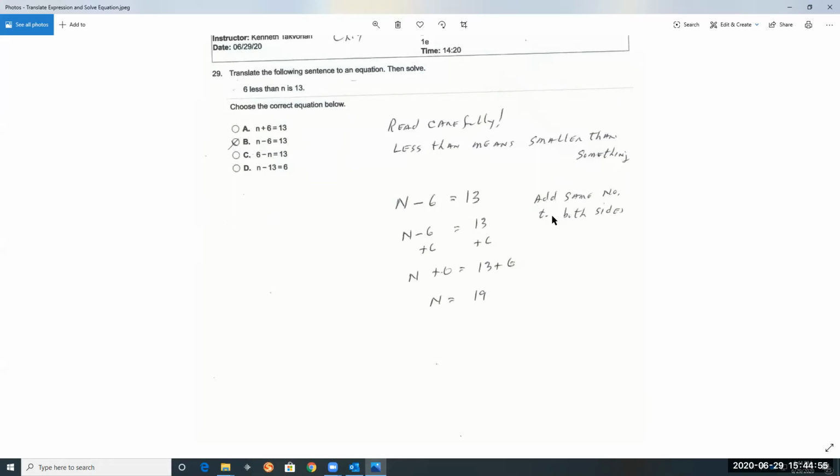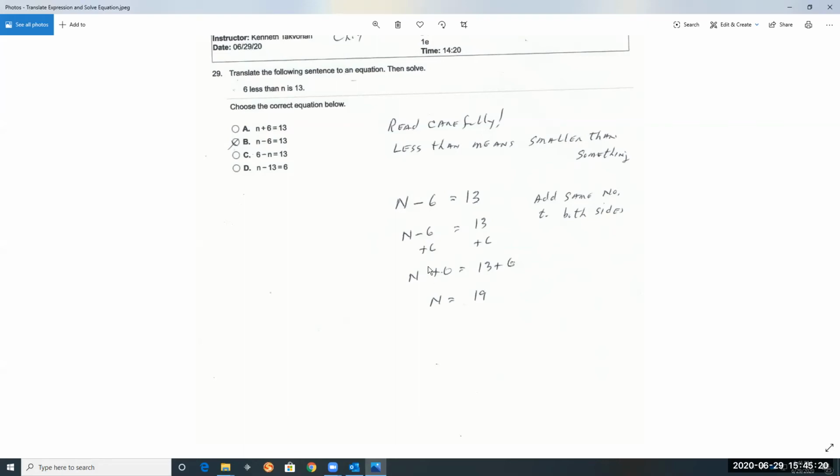The way we solve this problem is we add the opposite of -6, plus 6, to both sides. On the left side, that's n plus 0. On the right-hand side, it's 13 plus 6. Notice that when we add the same thing to both sides, the number -6 is gone from the left side.